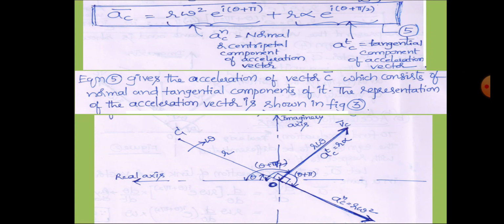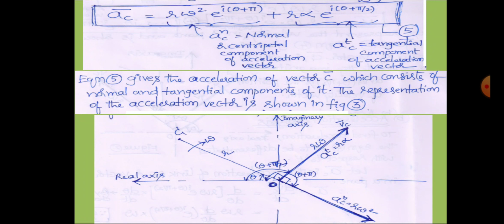So from the origin, downwards in the second quadrant, I have drawn the vector, the normal component a n of c. a n is the normal component of acceleration of which vector? C. So a n c is equal to r omega square, making an angle of theta plus pi.